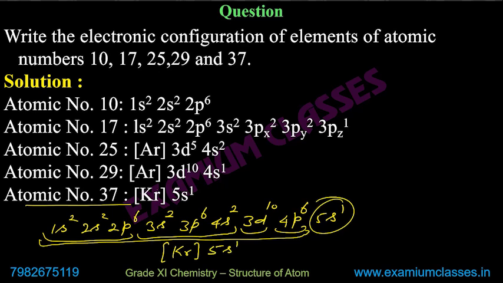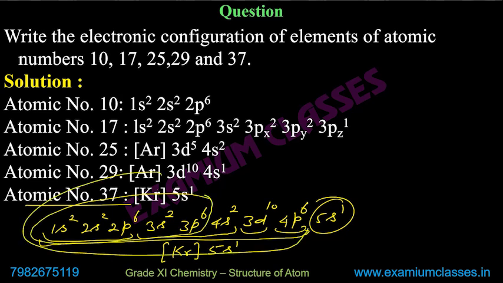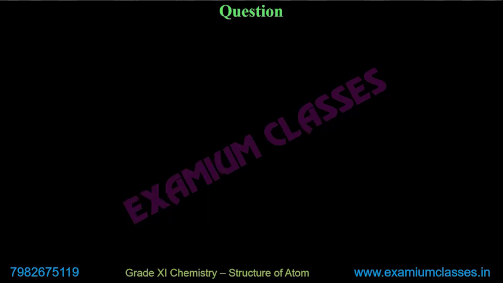You will be able to do this only if you remember the configuration. With practice, you will remember that configuration till here is argon configuration, and till here is krypton configuration, 18, 36. Then you will be able to write quickly. Initially, you will face problems because you don't know, but with practice, it will be fine.